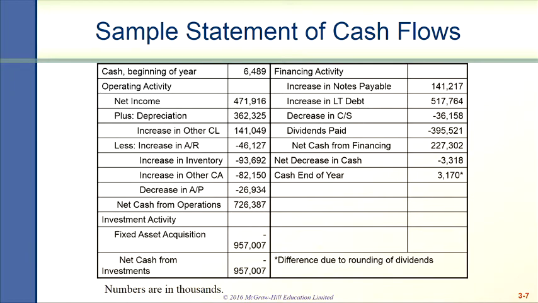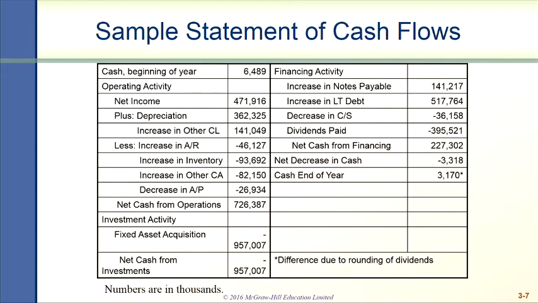Another area we have is other current assets, which is an increase, so that went up as well. An increase in other current assets means cash went down as well. So we have 82,150 as net cash outflow.